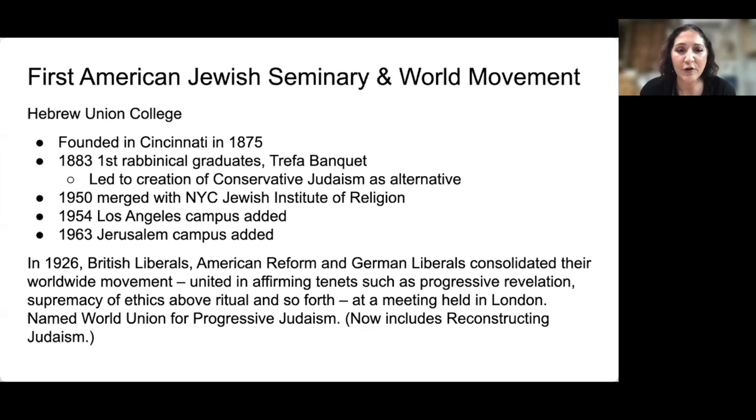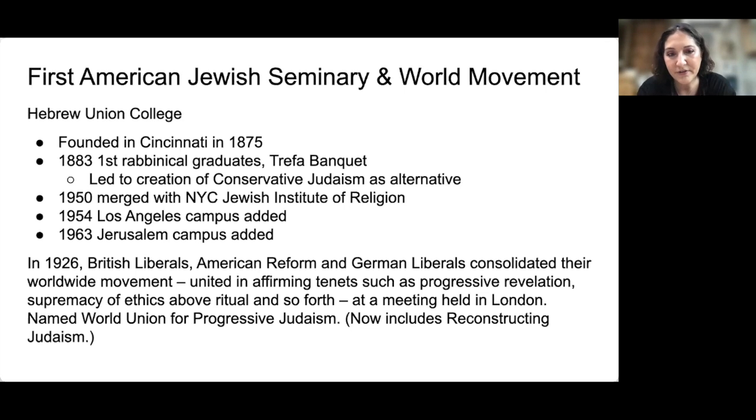That banquet led to the creation of Conservative Judaism as an alternative, as a balancing place between Reform Judaism and Orthodox Judaism. Now, Orthodox Judaism did not exist as a title at this time. It was just Judaism.